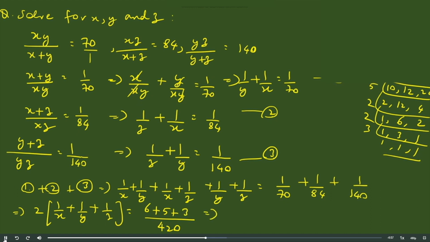So it is going to be 2 into 1 by x plus 1 by y plus 1 by z is equal to 14 by 420.